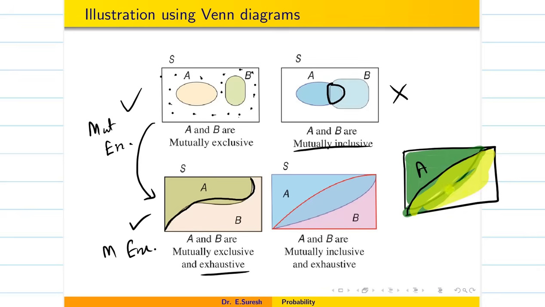So there is something overlapping between A and B. So this cannot be exclusive. They are mutually inclusive, as well as covering the whole sample space. Then they are exhaustive.